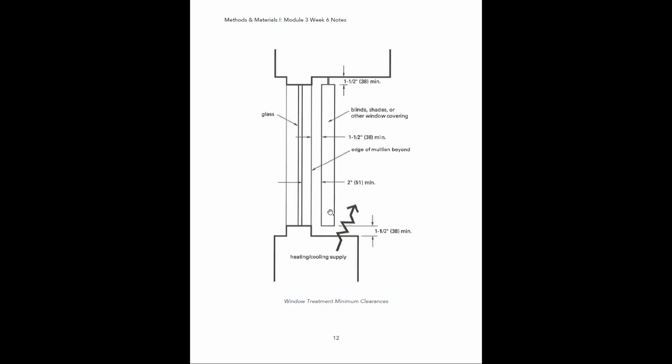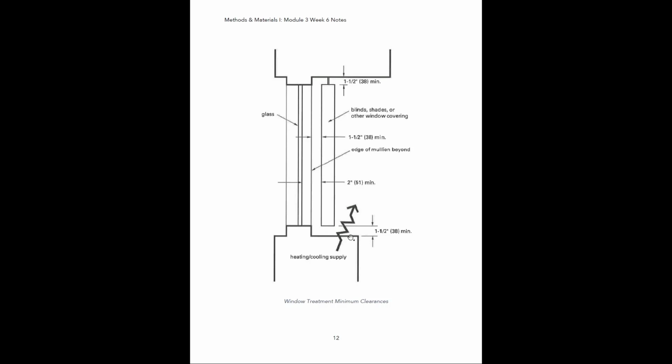If you have something like that and you have your window covering here, you have to meet minimum clearances between the top of that heating system and the bottom of the window treatment, and also all the way around as well. So on the top and then on the back side between the treatment and the window itself.